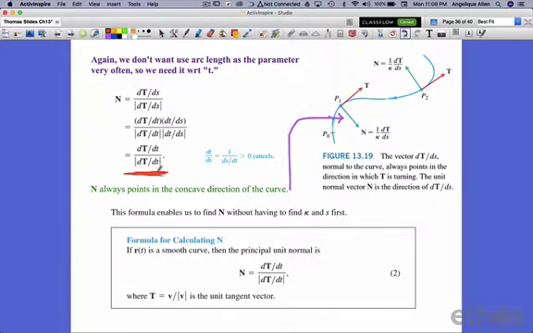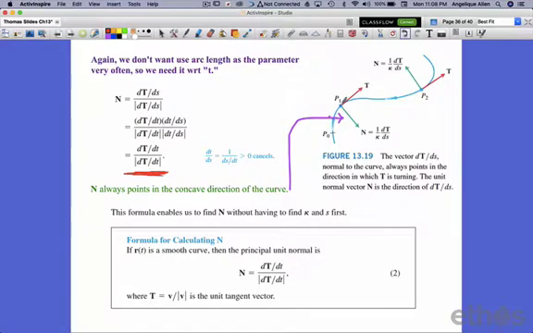Often t represents time, especially when we're talking about particle motion. So we've got a formula here then for N with respect to t, all right? And I want you to go through this and make sure it makes sense to you. It's very similar to how we converted T from a parameter of arc length to a parameter of t. Now, N is always going to point in the concave direction.